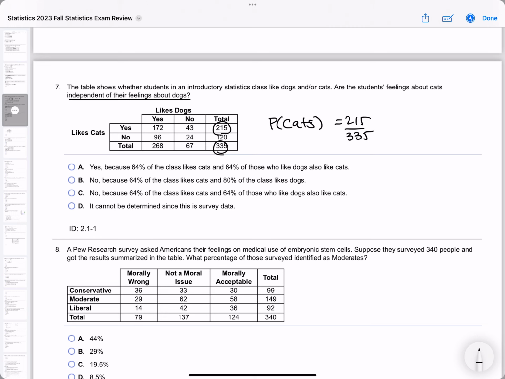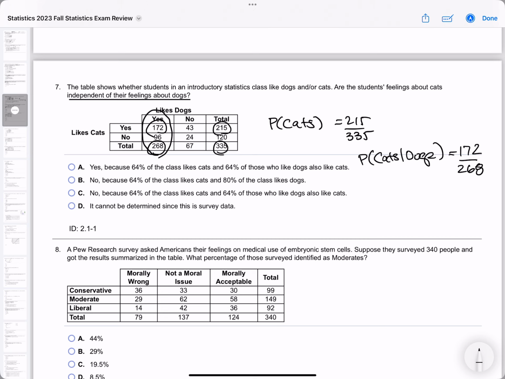And the probability of liking cats given dogs, meaning it would be looking right here, is 172 out of 268. And if these are the same, then the answer is yes.